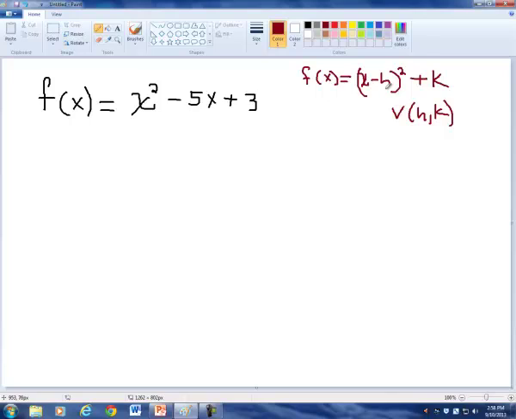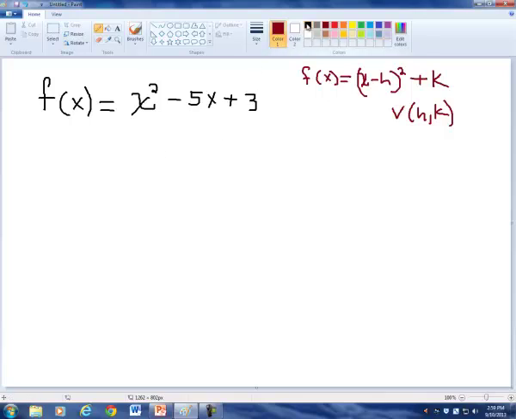The x coordinate of the vertex is always going to be with the x, and that's always the h. So we need to get it into this parentheses squared here.